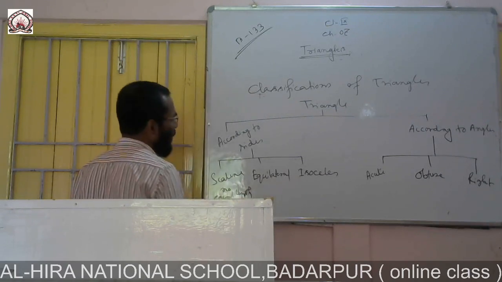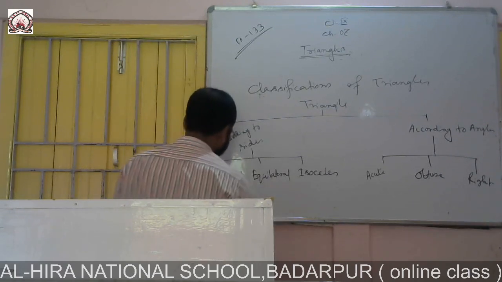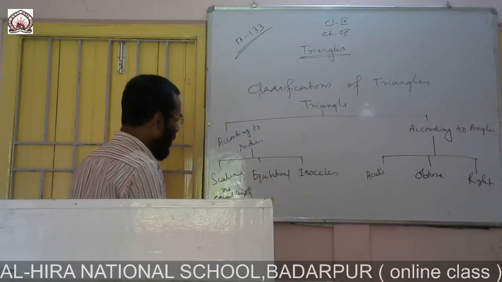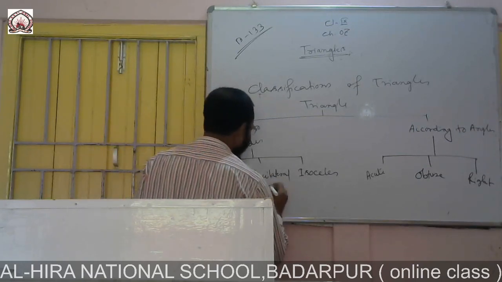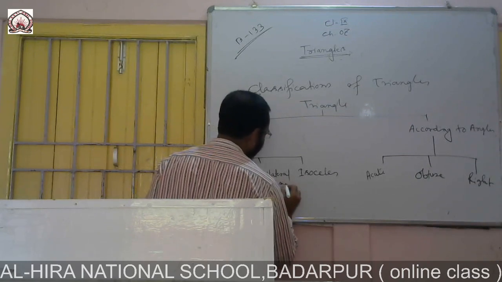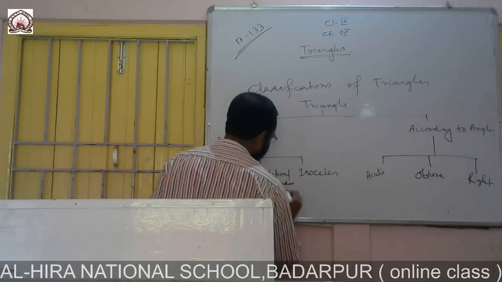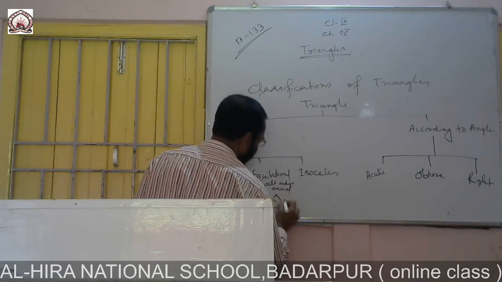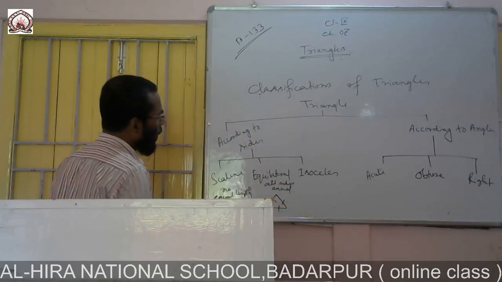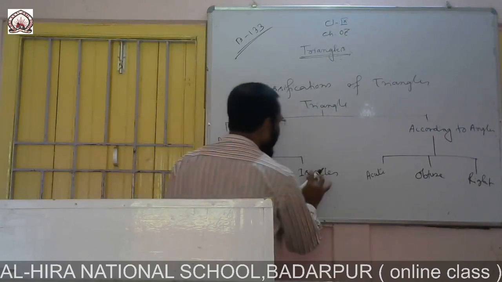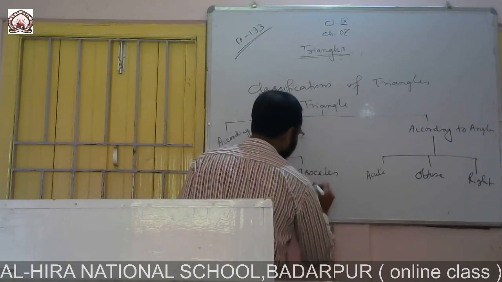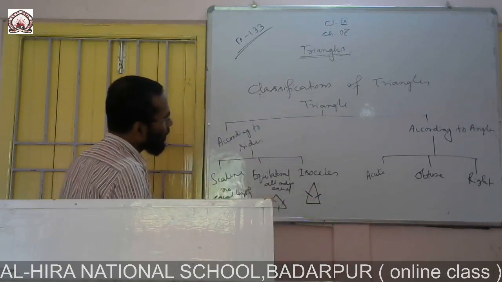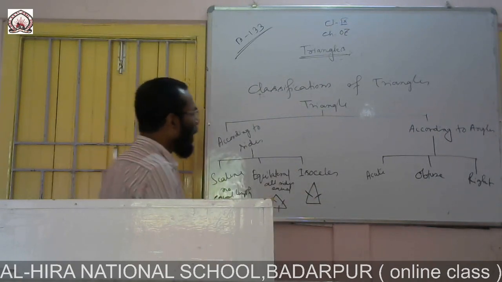This is a scalene triangle. Equilateral means all sides are equal. Suppose this triangle has all sides equal; this is an equilateral triangle. Isosceles means two sides are the same. Suppose in this one, these two sides are the same. So this is called isosceles.